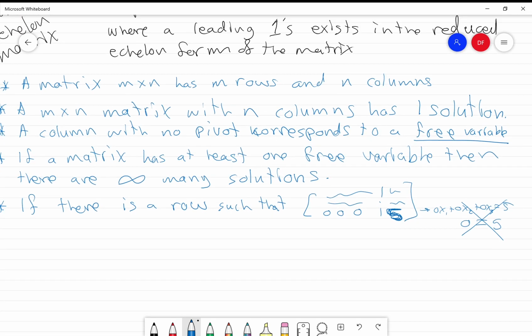So if you have a row like this in your matrix, then there are 0 solutions.